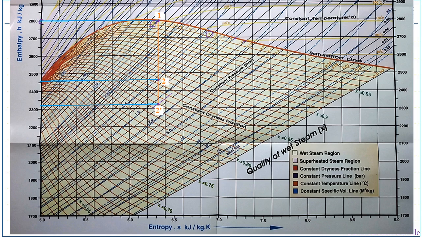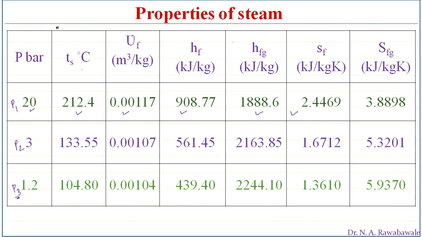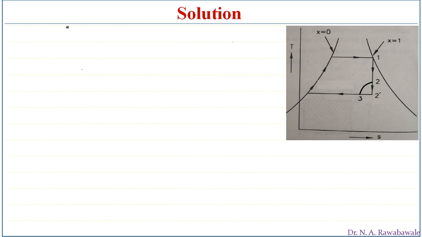We can see here corresponding to this point 1, the enthalpy is 2800 kilojoules. So we'll write this enthalpy h1 is equal to 2800 kilojoules per kg. So this is from the Mollier chart.